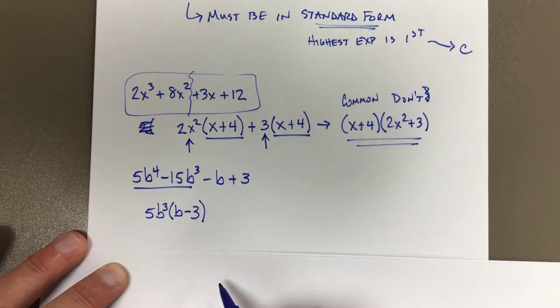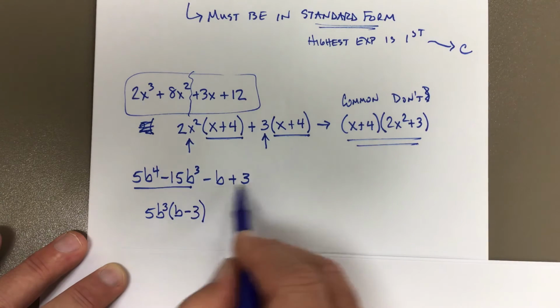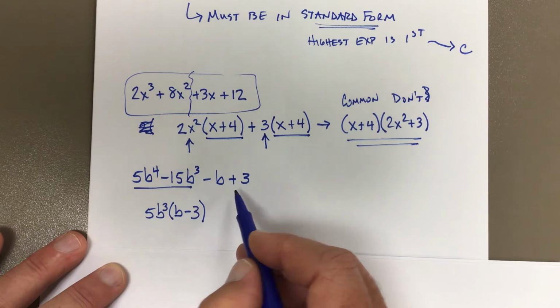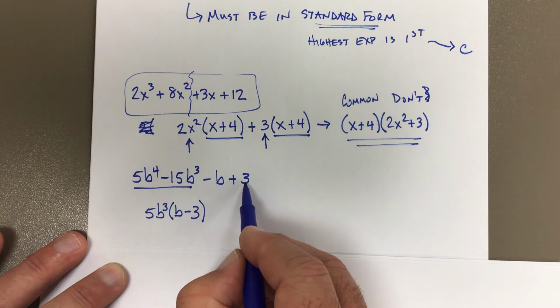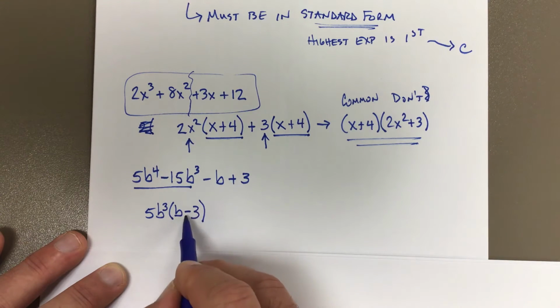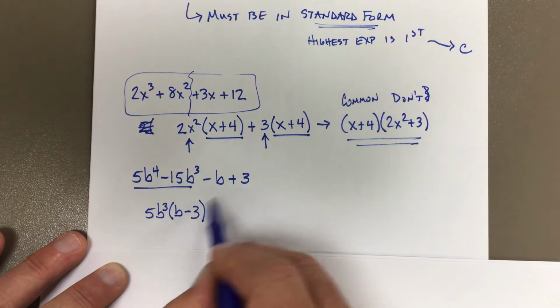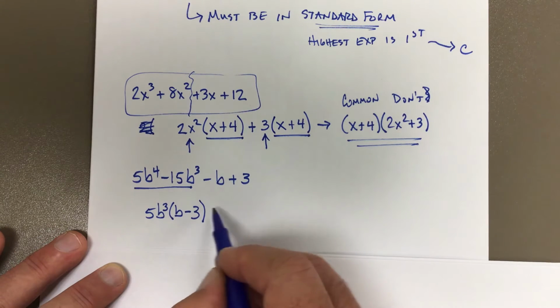Now, the second part. We have a -1b and a +3b, but on the inside here, we have a minus. So we have to take out a -1.